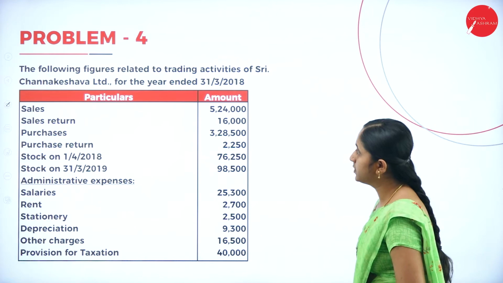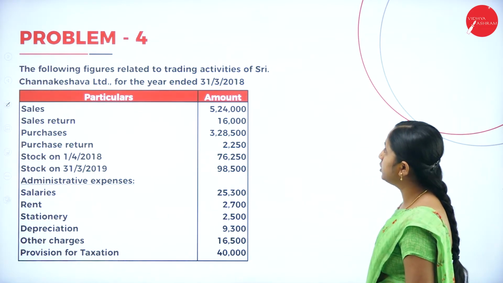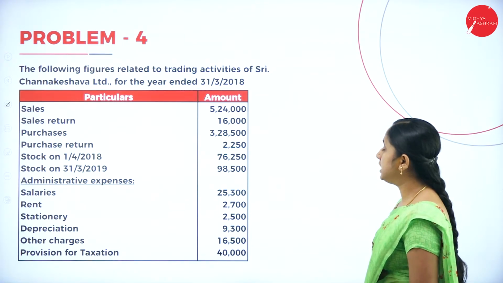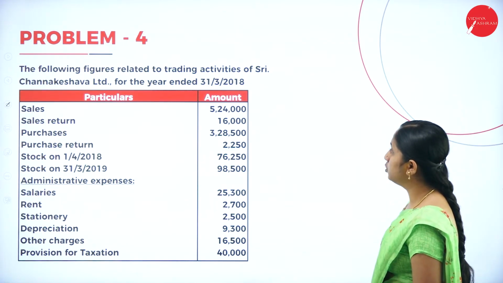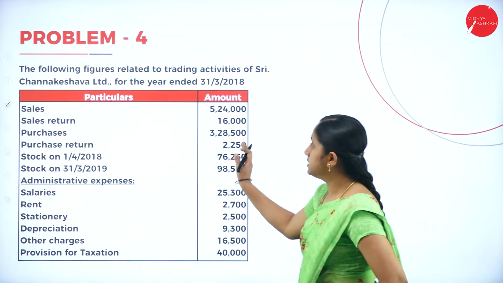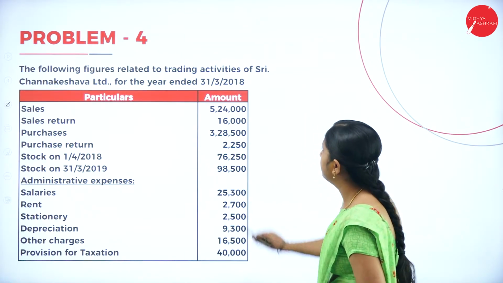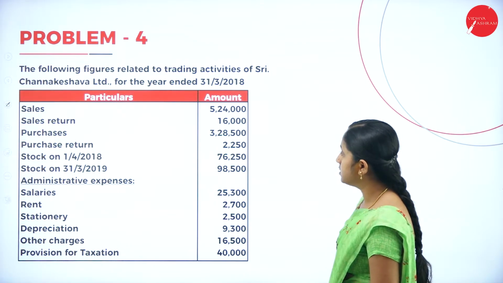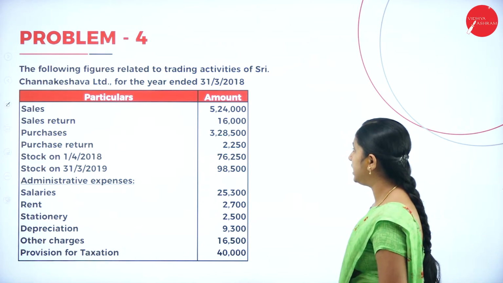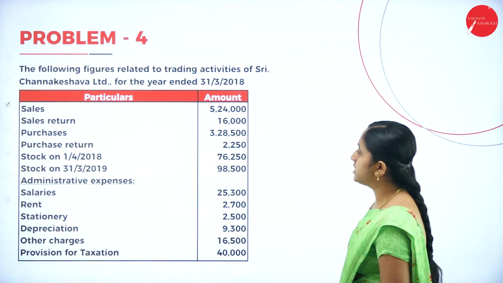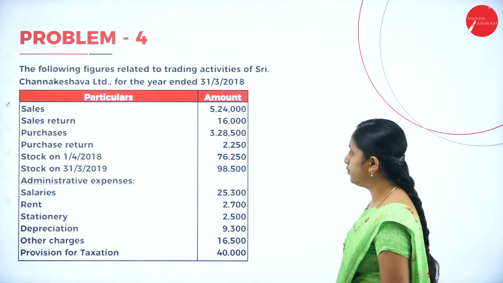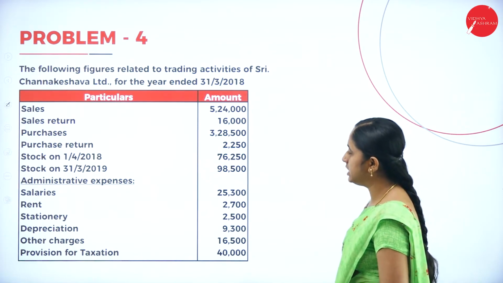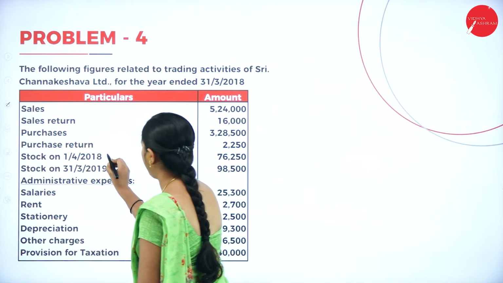Problem number 4. The following figures relate to the trading activities of Sri Channakeshava Limited for the year ended 31st March 2018. Sales 5,24,000. Sales return 16,000. Purchase 3,28,500. Purchase return 2,250. Stock on 1/4/2018, that is opening stock.